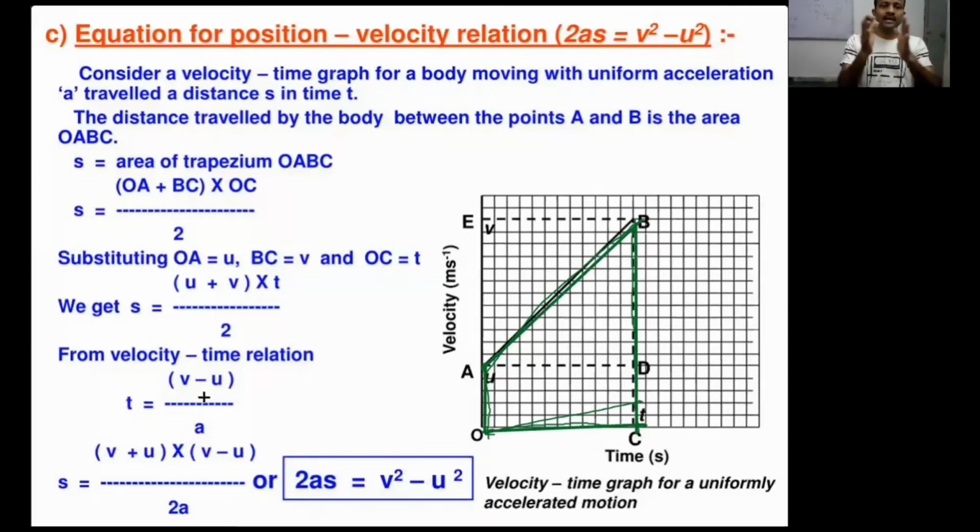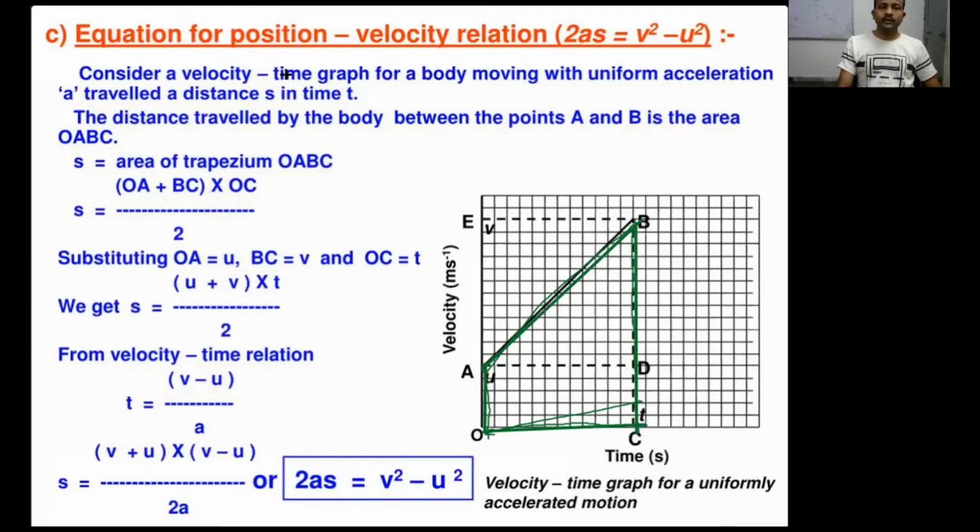Sum of two parallel sides, that is OA plus BC, into the gap between the parallel lines, that is OC. Here AO and BC are the parallel lines, and the gap between these two lines is OC. So area of trapezium means half of the sum of the parallel sides into OC.